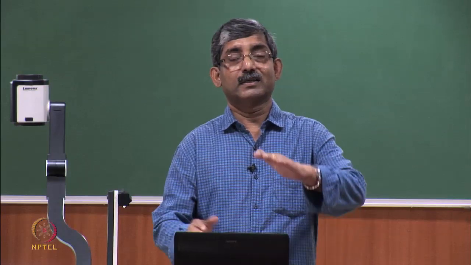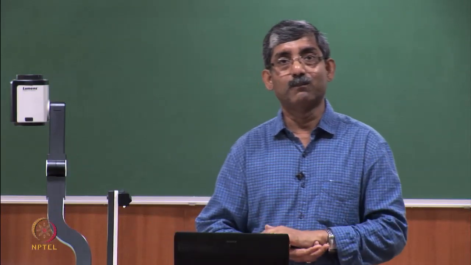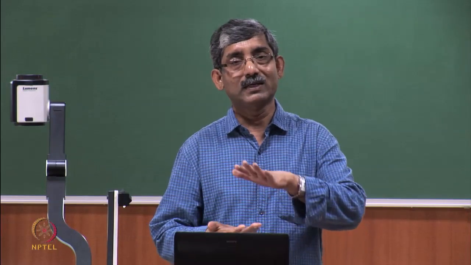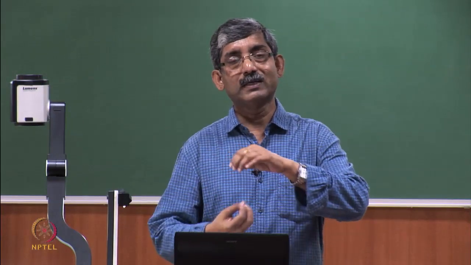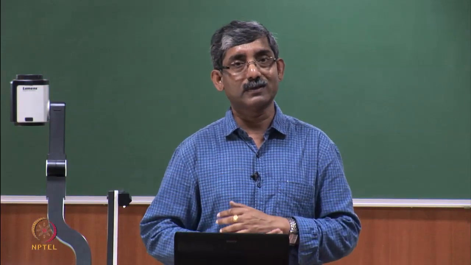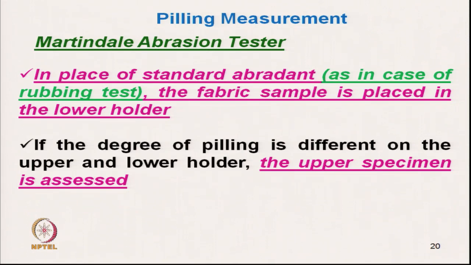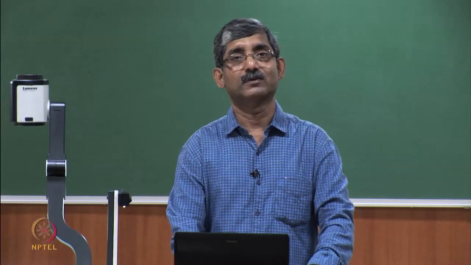Now, since the same fabrics are tested, ideally the peeling should be the same for both fabrics. If the degree of peeling is different in the upper and lower, then only the upper specimen is assessed, not the lower; otherwise we can assess either of the two.